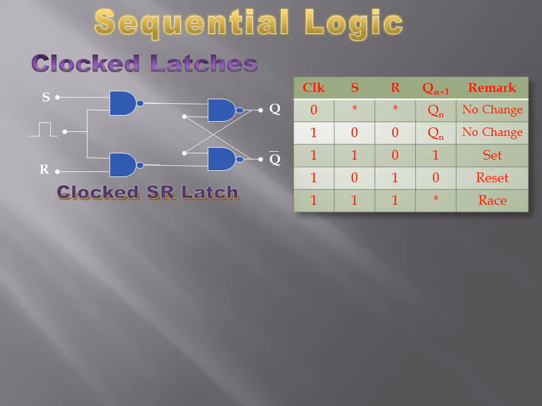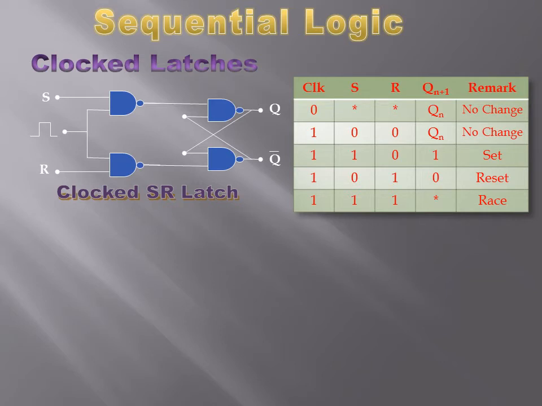And if there is clock presence and both inputs are 0, there will be no change, meaning it again remains in the same state. But the changes occur in the other configurations. When both are 1, it goes to a race round condition.